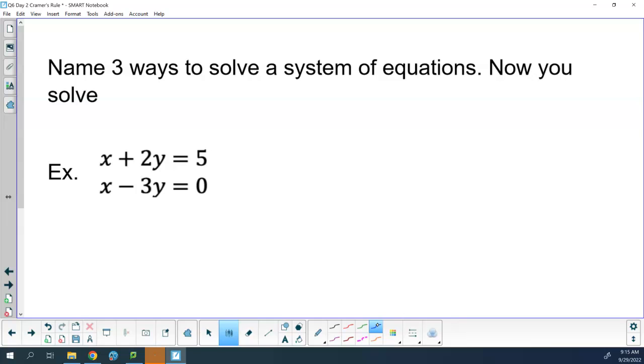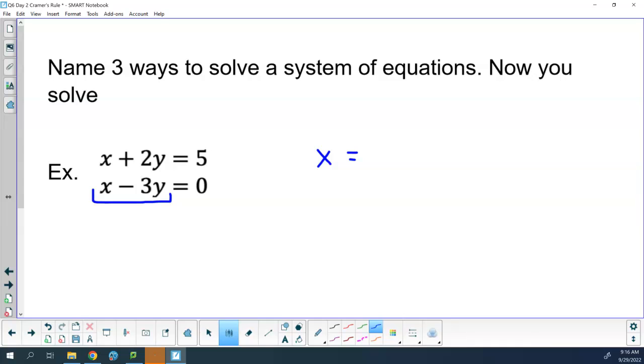Okay? But what Cramer's rule says is that if I want to solve for the variable x, I am going to take the coefficients on the variables. Now, the kicker with this is it's got to be lined up. x, y equals number. Much like the elimination method, where you got to line everything up.